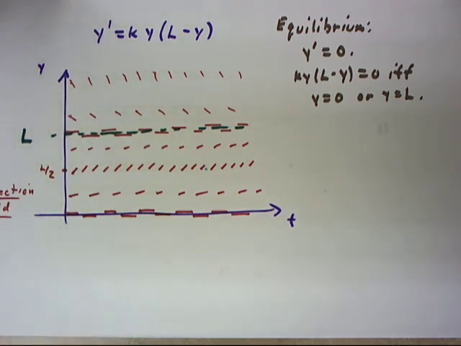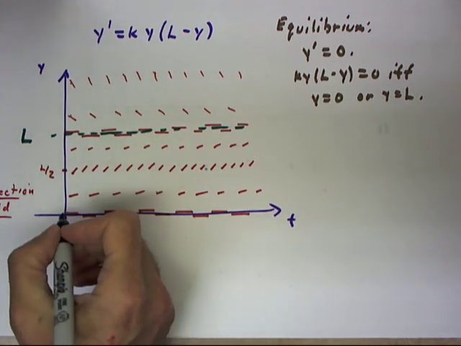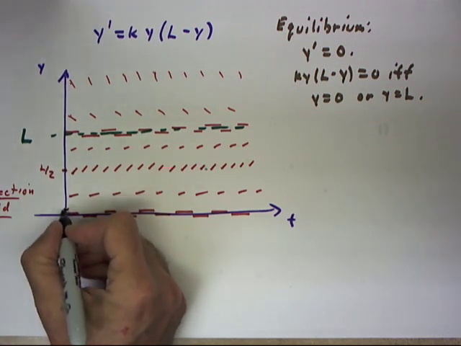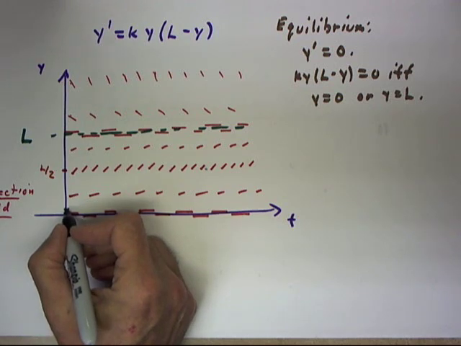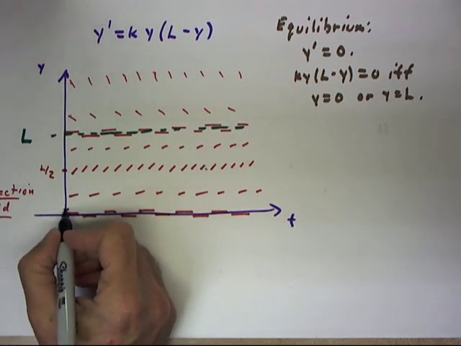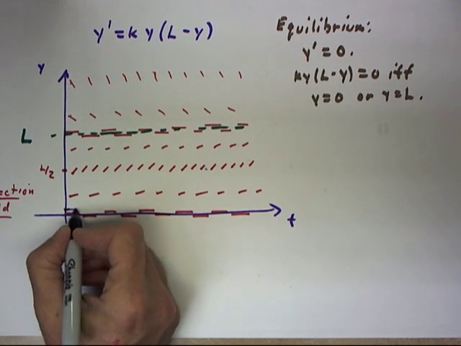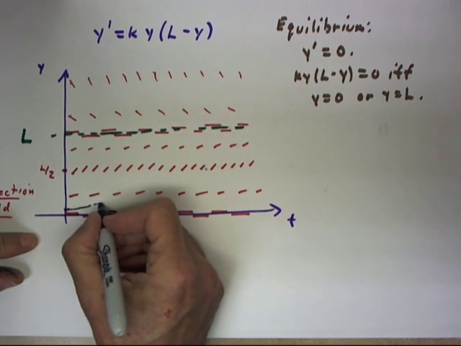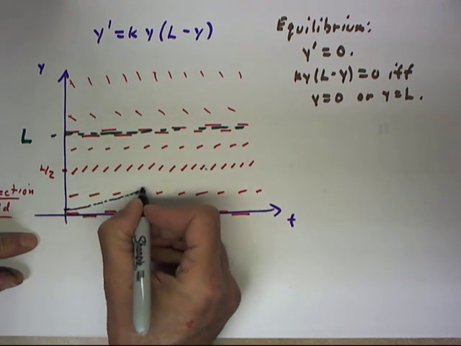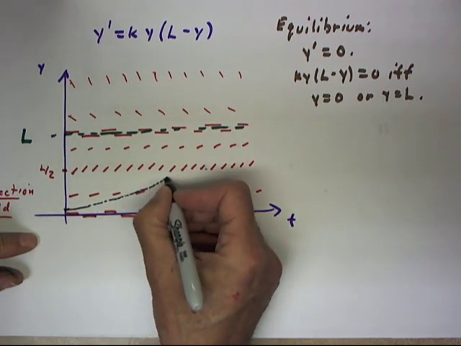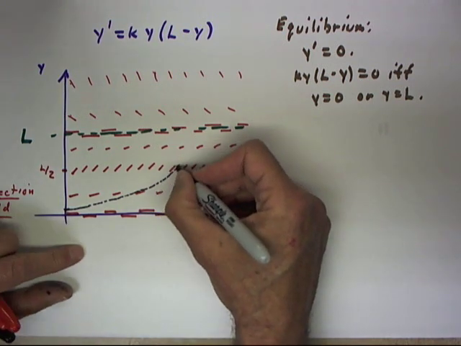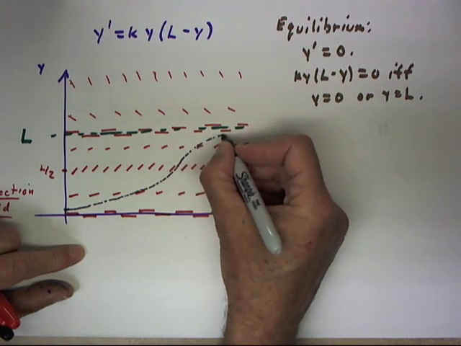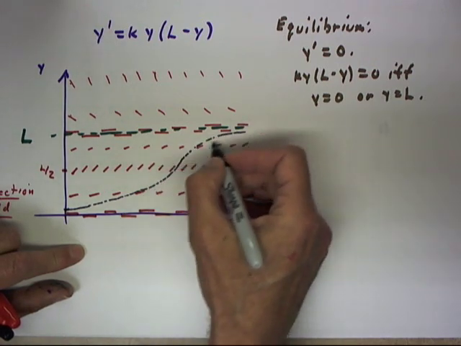This indicates that if we have an initial y value that's close to 0, now this isn't quite 0, so it does have some small slope, and eventually that slope is going to take it into higher values of y. The graph is going to get steeper, and it's going to be steepest here. This is going to take it into higher y values rather quickly, but now the slopes are going to level off.